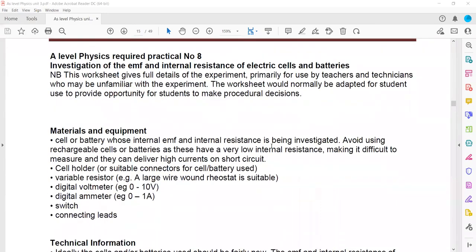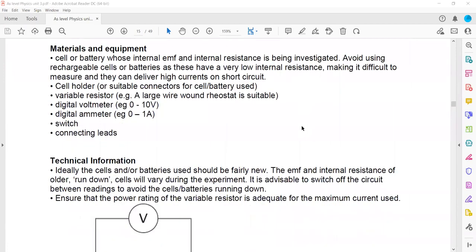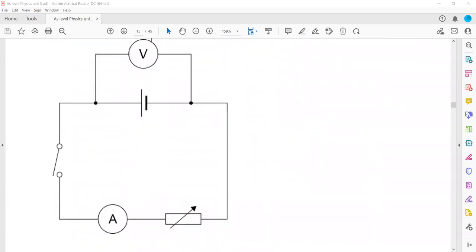Then the last experiment, which is investigating the EMF, electromotive force, and internal resistance of a circuit, or internal resistance of a cell. So how can we work out the internal resistance of a cell or battery, even a solar cell?